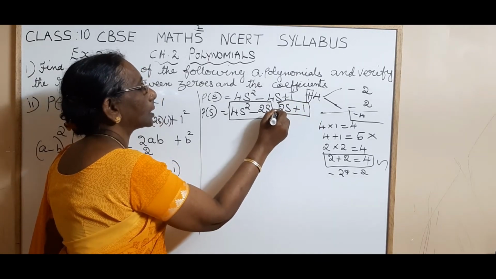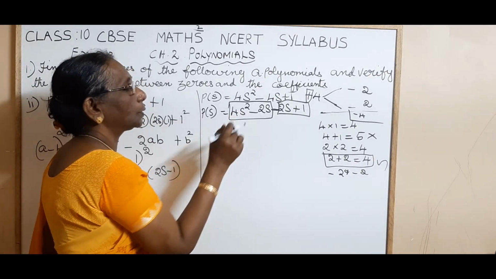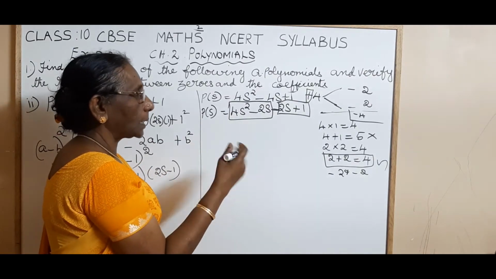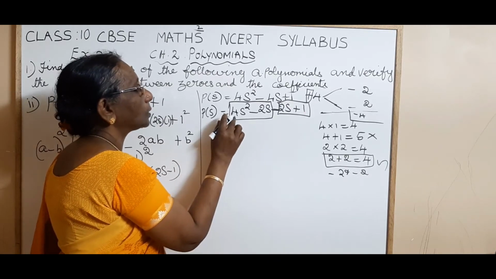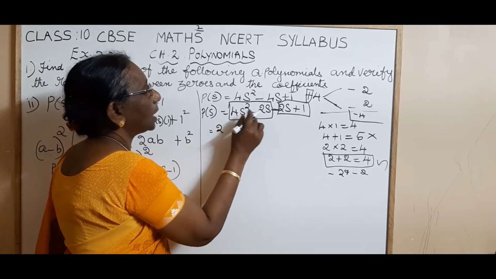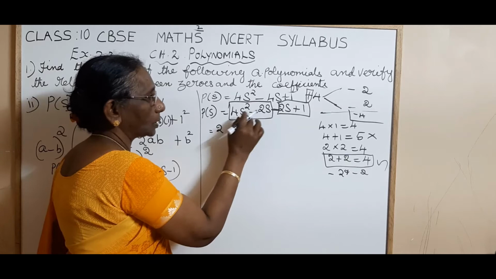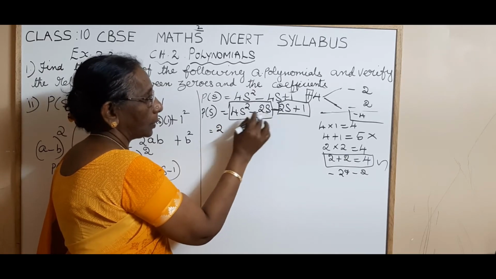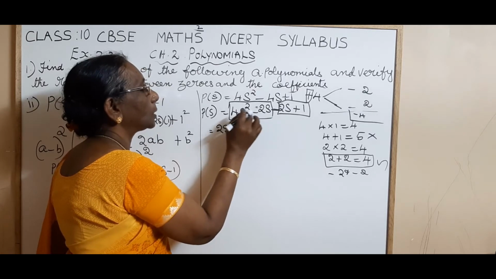This sign you have to write in the middle. Here, the HCF of 4 and 2 is 2, because 4 comes in the 2 table. And s squared and s, s squared means s into s, both have the variable s, so write s. So this is the HCF of the two terms.